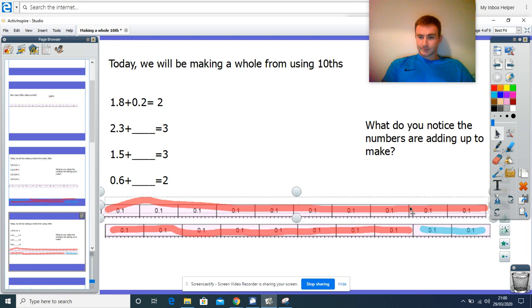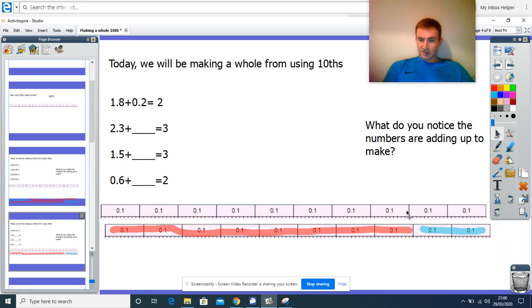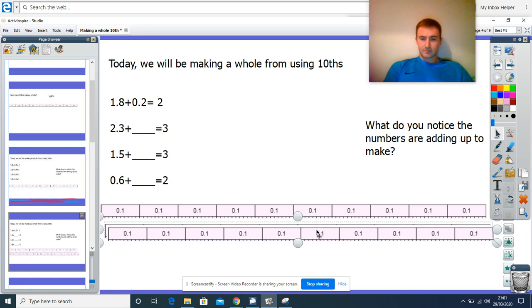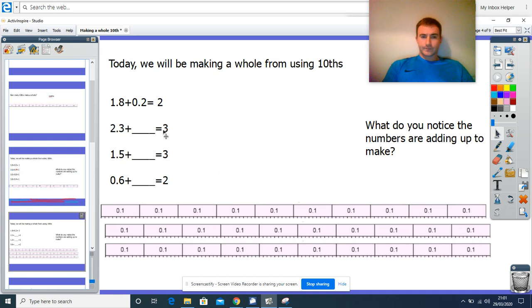Now the next one is showing the answer to be 3. So how many whole bar models are we going to need? We're going to need 3 whole bar models. So I'm just going to quickly copy myself one. Okay, so I'm going to shade in 2.3.